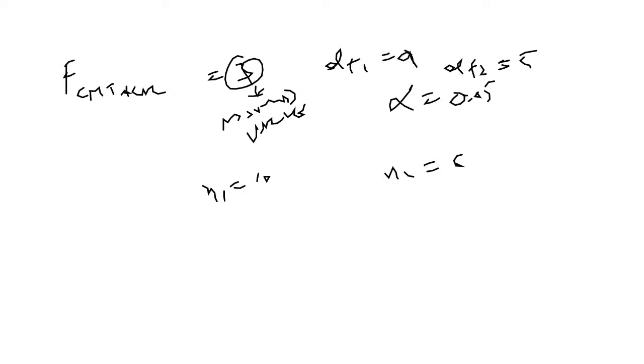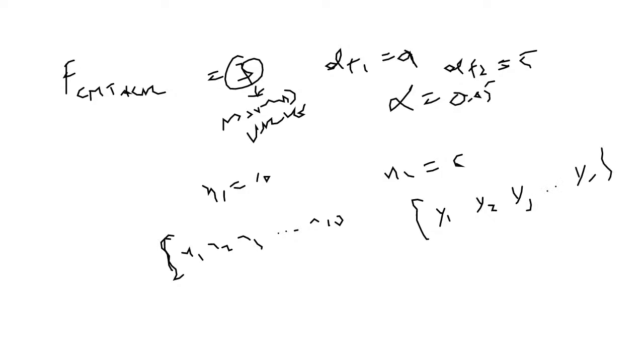So for a sample size of 10, I might have some values x1, x2, x3, up to x10. And for sample size of 6, I may have values y1, y2, y3, up to y6. For this sample, I can have the S1 square value, and for this, I can have the S2 square value.